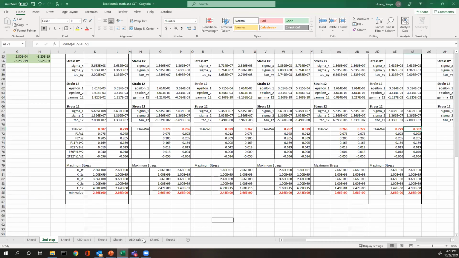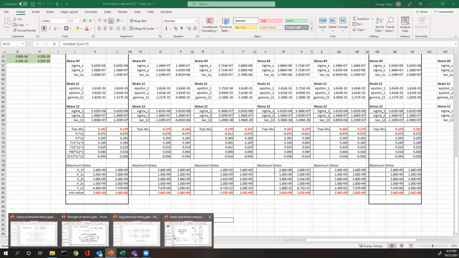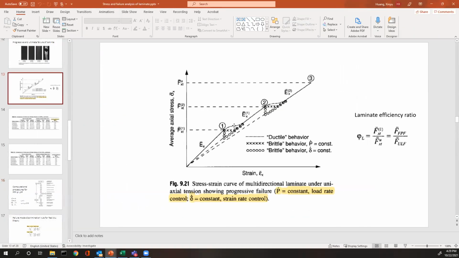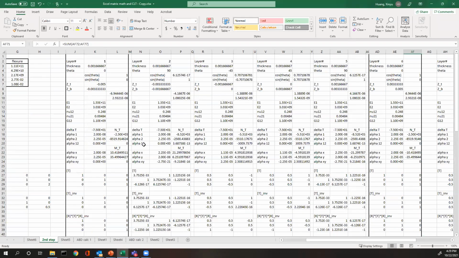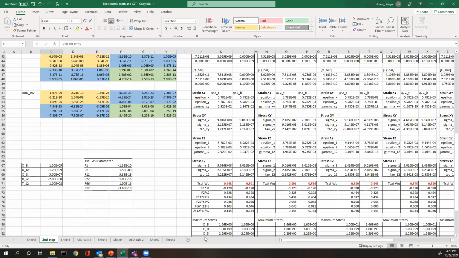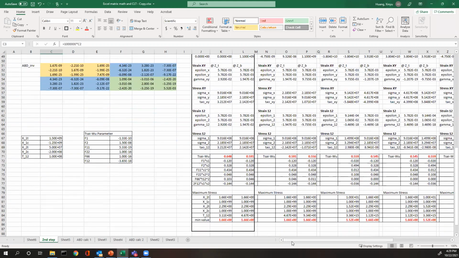All right, let's go back to the calculation. Let's keep raising the load. I'm at step 2 now. Step 2 is the starting point of this. I'm going to multiply stress. I'm going to make it 4. What happens here?